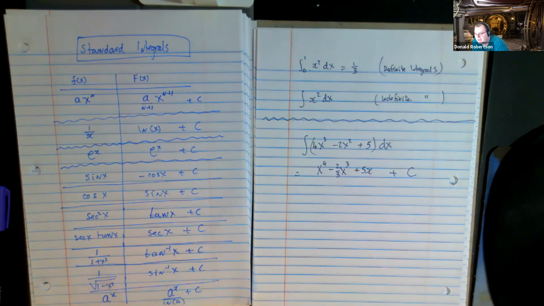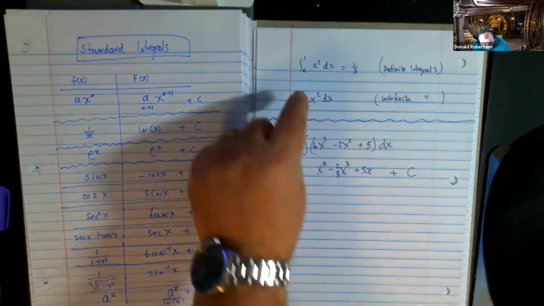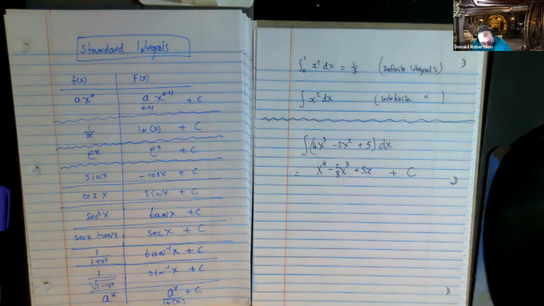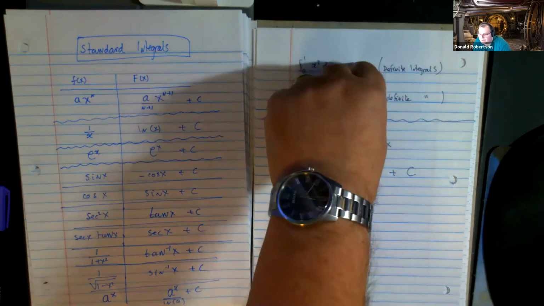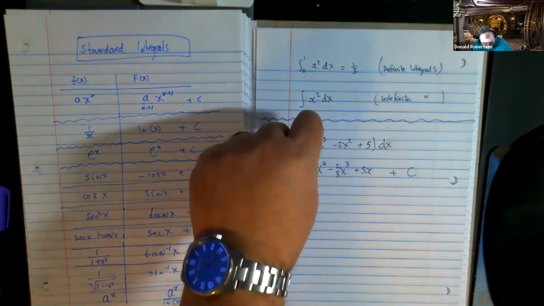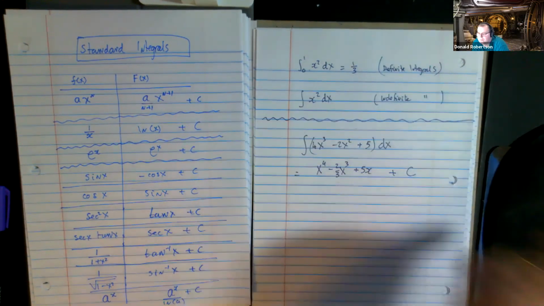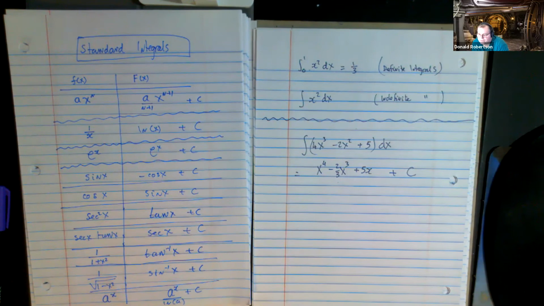I don't think it's that hard to tell the difference, would you agree? Limits of integration, definite integral, the answer will be a number. No limits of integration, indefinite integral, the answer is going to get plus c. So that's the first thing they're going to do.